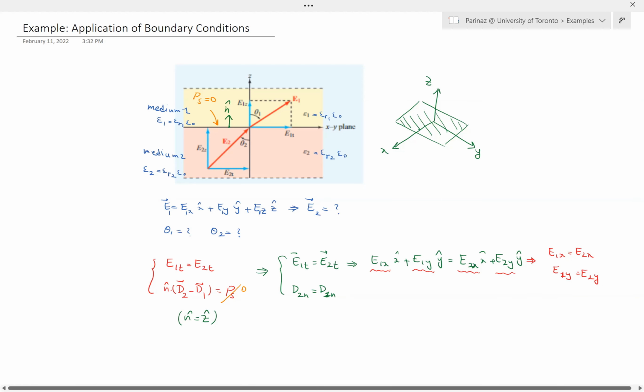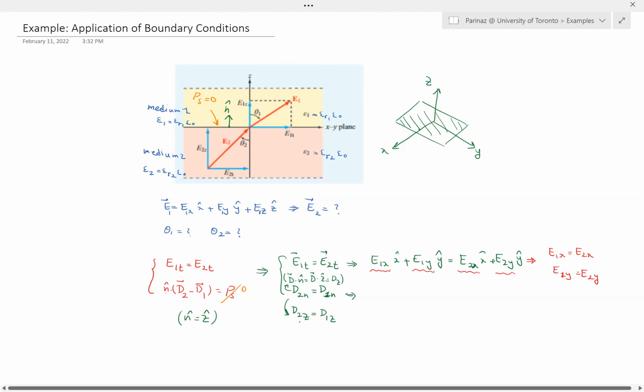Now, for the normal component of D, it is actually going to be D2Z in the Z hat direction, because the normal component of D is basically D dot n hat, and since we have D dot Z hat, that basically means DZ. So let me write it here.